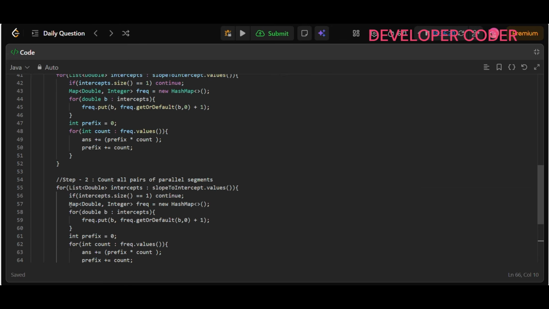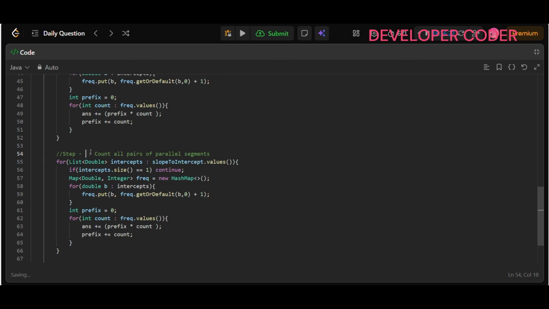Just copy this. Step 3, here what we need to do is subtract the invalid pairs, I can say segments sharing a midpoint.